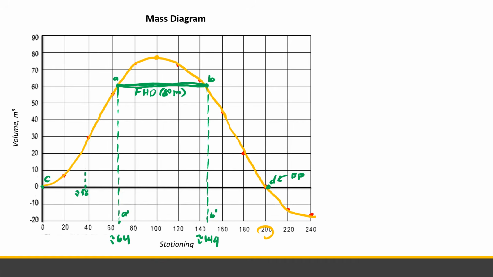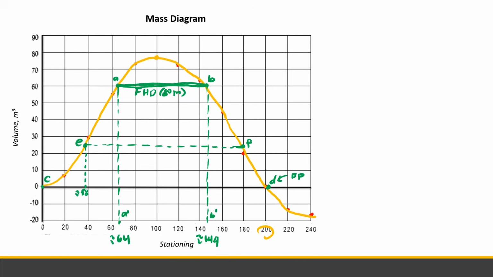So project a vertical line pataas. We'll assign this point as letter E. At this point E, we will project another horizontal line papunta sa kabilang point. We will assign this point as F.